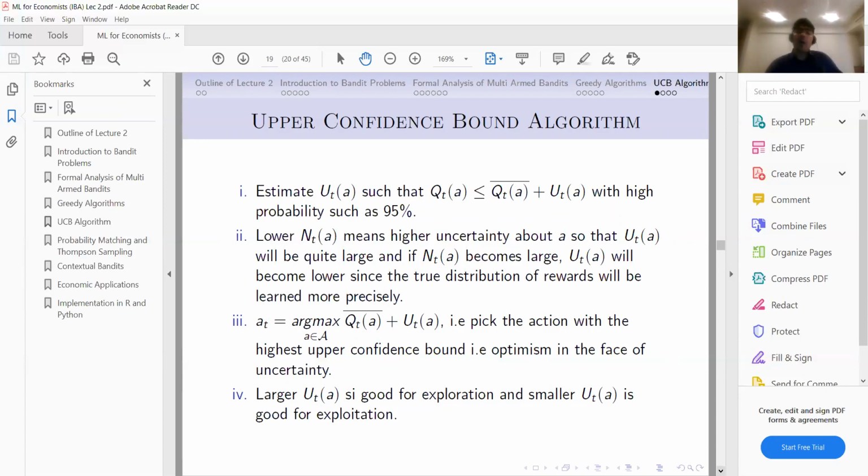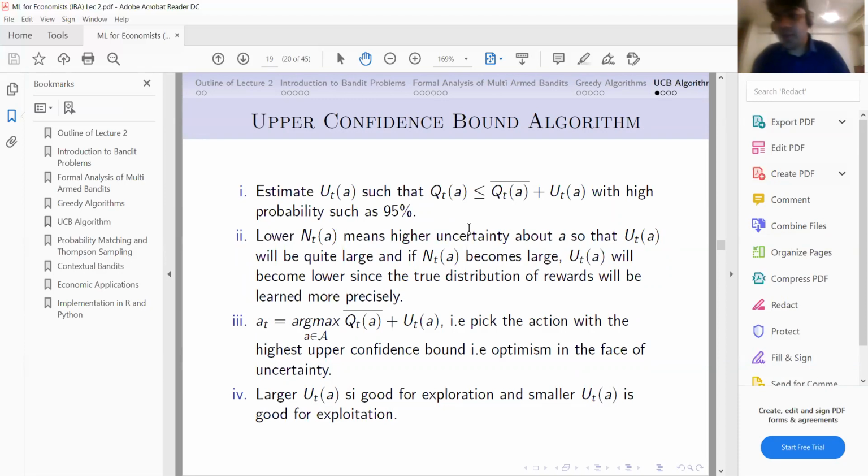So what we do with the upper confidence bound algorithm is that we construct confidence intervals, just as economists are used to constructing them. You construct, let's say, a 95% confidence interval. So any p-value that you want, 99%, 90%, depending on what confidence you want in your results.